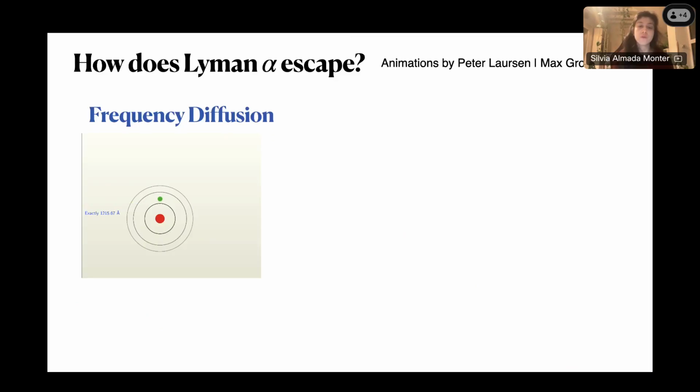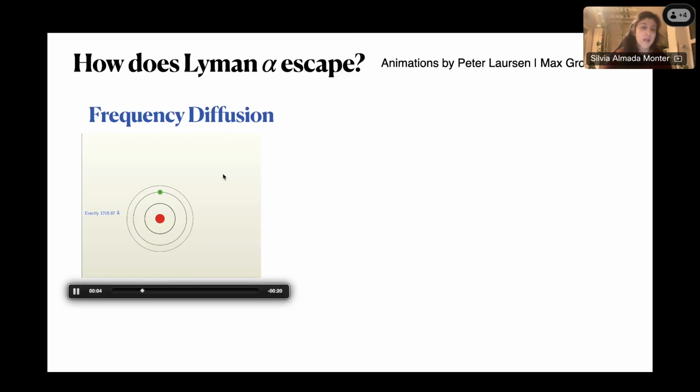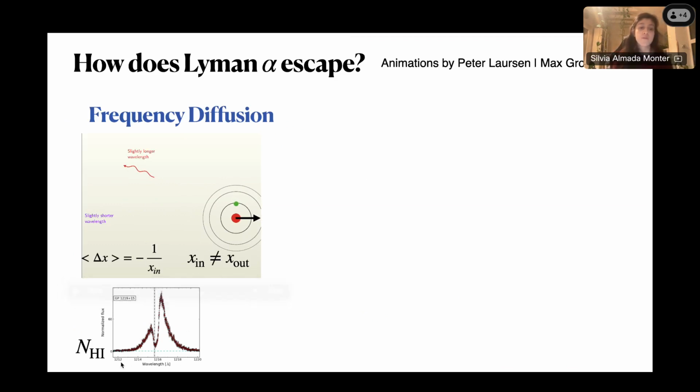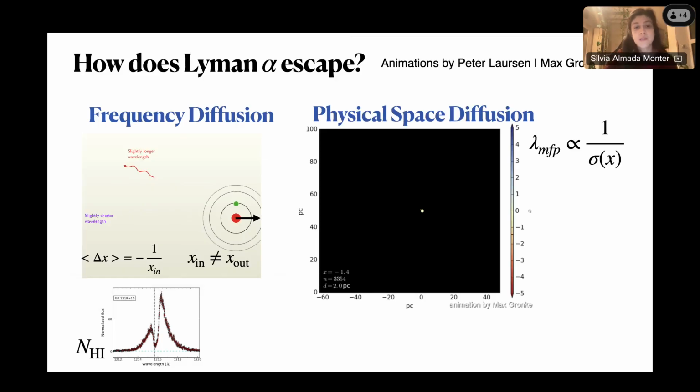First of all, to understand how it escapes, I would like to talk a little bit about frequency diffusion of Lyman-α, which is just as it sounds: the frequency that the photon comes in with is a little bit different from the frequency that comes out, and very easily, with every single scattering, there is a different frequency, and this is one of the reasons why we have double peaks when it comes to Lyman-α emission lines.